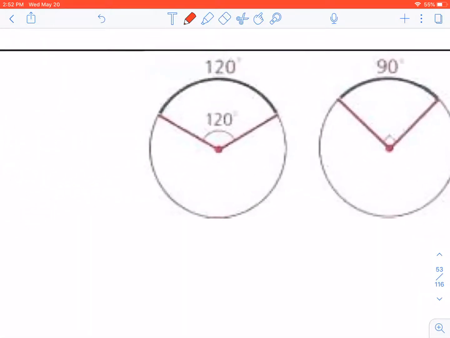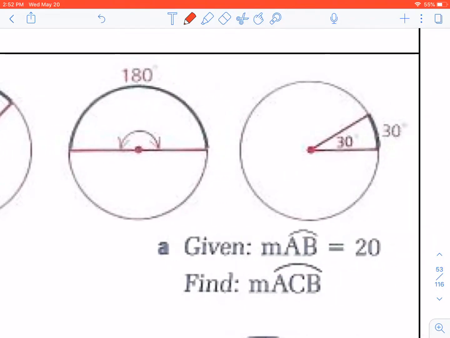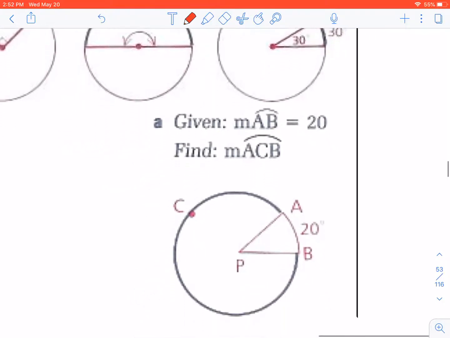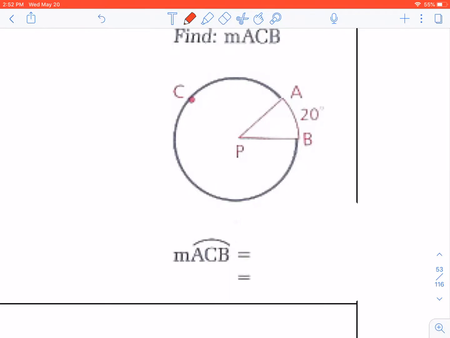So you can see here, we've got 120, 120, 90, 90, 180, 30. What about the major arc in ACB? Well, again, as you might suspect, a simple subtraction problem will get us the answer of 340.